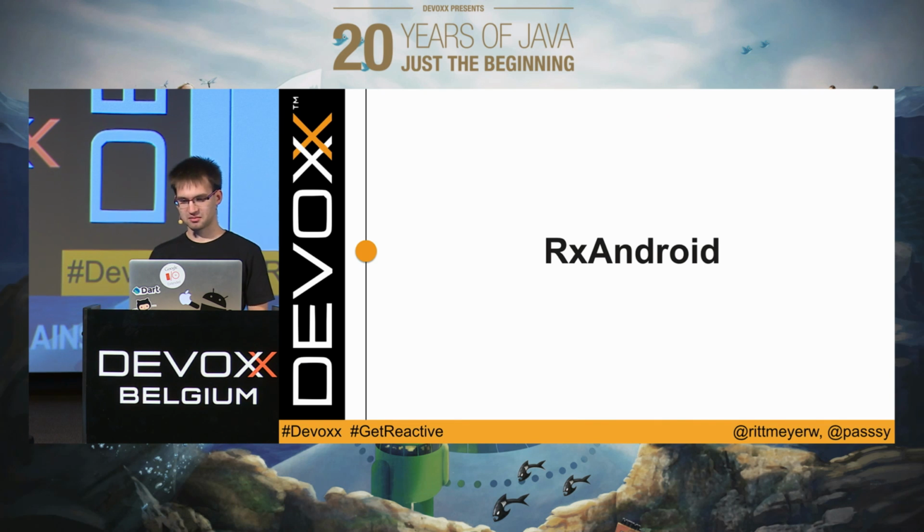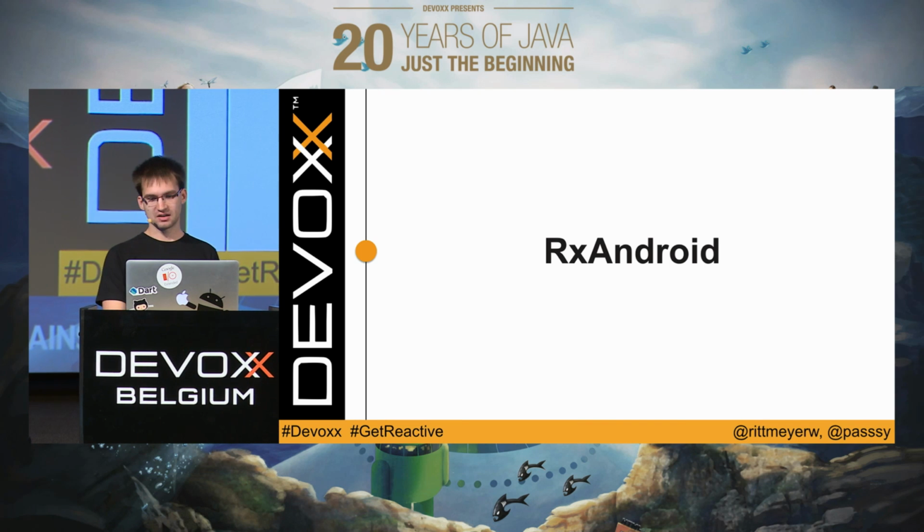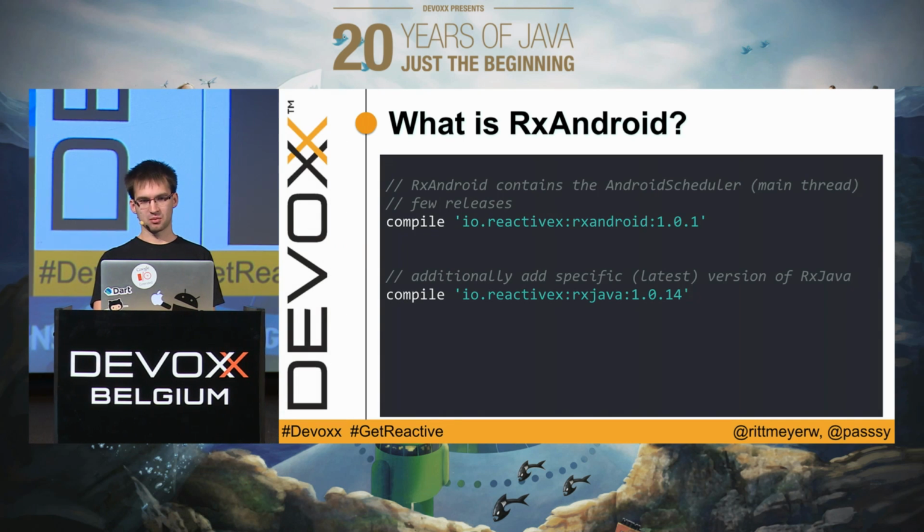Okay. I will tell you how this works on Android, and especially with some examples. What is RxAndroid? There's this dependency called RxAndroid. If you just write your business logic in RxJava, you don't need RxAndroid to run this code on Android. RxAndroid is a super small dependency. It only has one scheduler, and there's not much more logic in it.